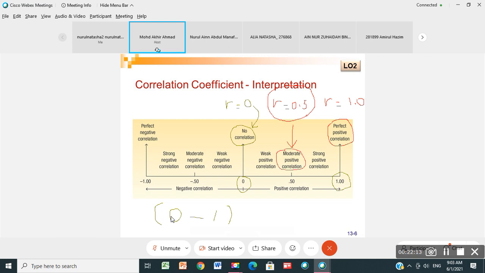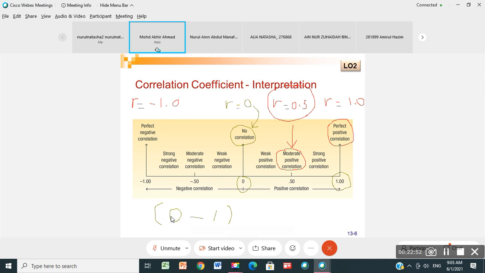Okay, thank you, Ain. So now in case we got R equal to minus 1.0. So we asking Nur Izzati. Okay, Nur Izzati, what happened when we get R equal to minus 1.0?